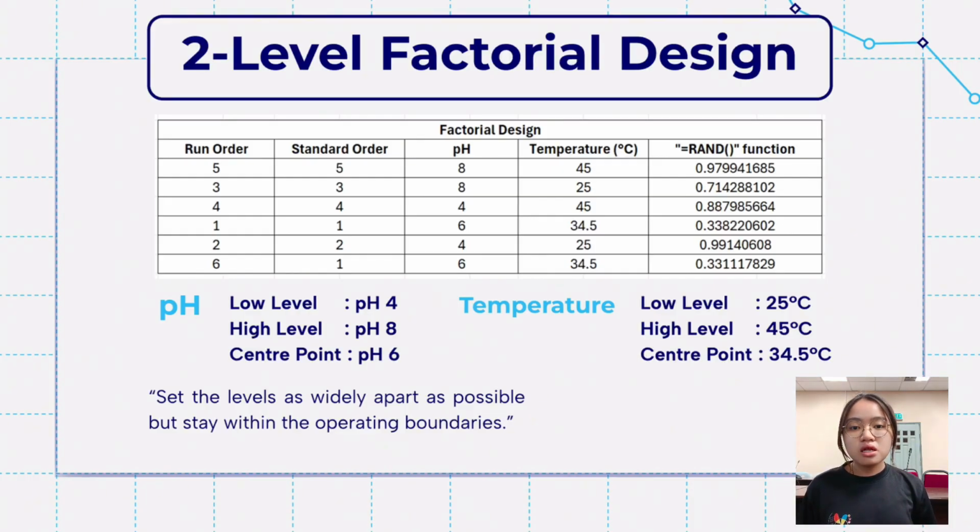This means that the low and the high levels of the pH and temperature should not be too high or too low until the enzyme becomes inactive or denatured. Hence, the low level of the pH is set at pH 4 and the high level is pH 8, whereby the low level for the temperature is 25 degrees Celsius and the high level of the temperature would be 45 degrees Celsius.